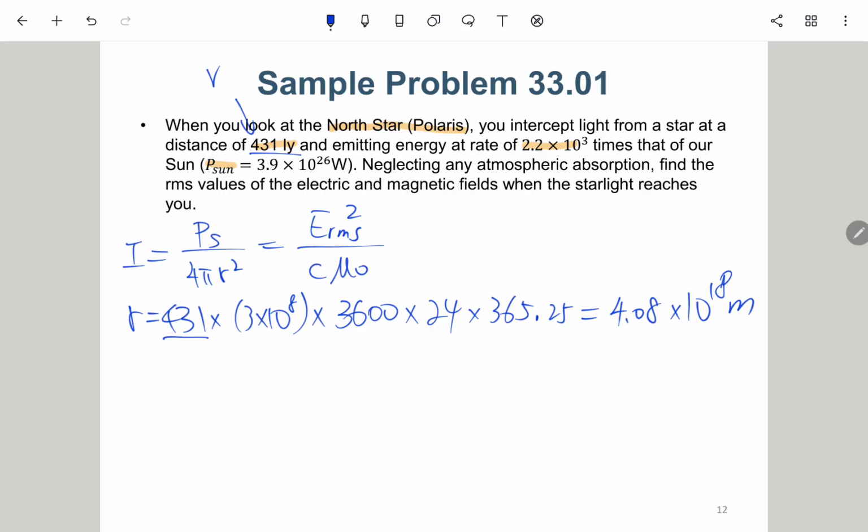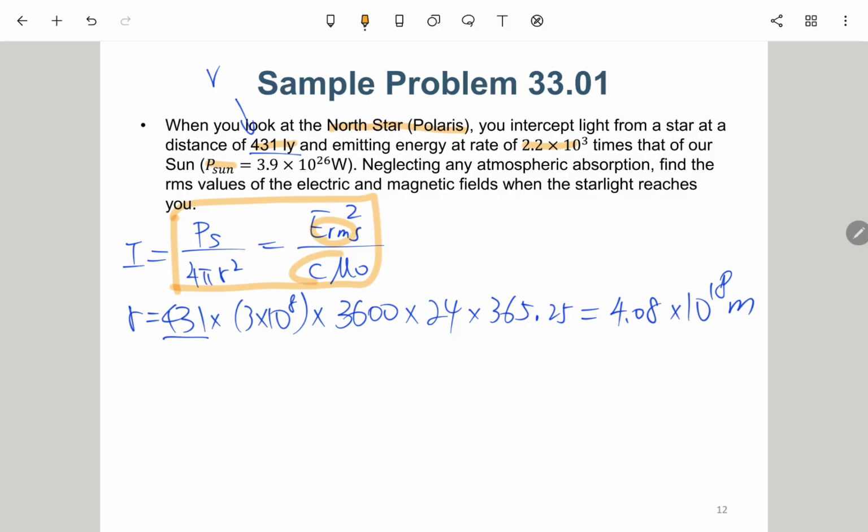So that's why they try to use light year, because we always come up with 10 to the 18 power or whatever power. Based on this part, we will be able to solve ERMS.